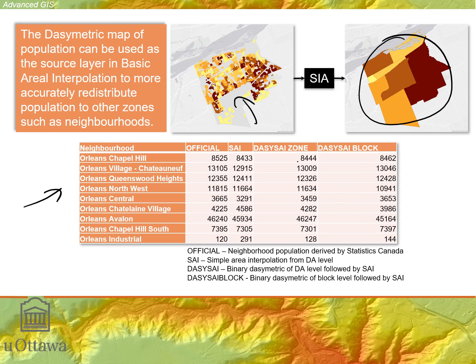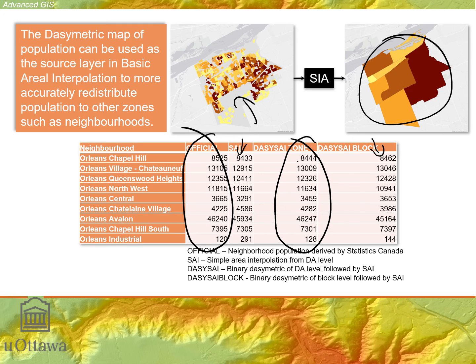And you'll find if you look at these numbers that most of them give closer to the official numbers than just basic area interpolation or source area interpolation with blocks as the source instead of DAs.